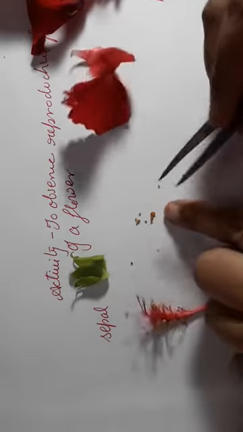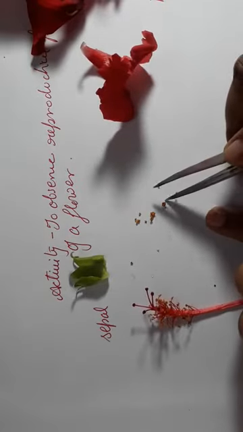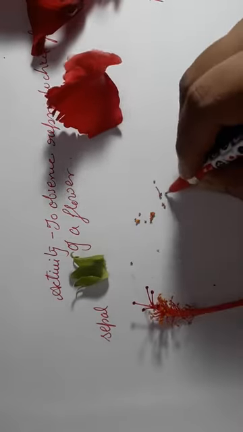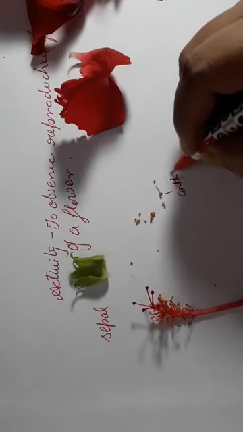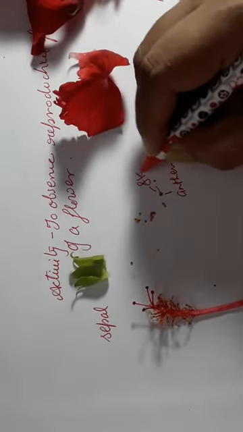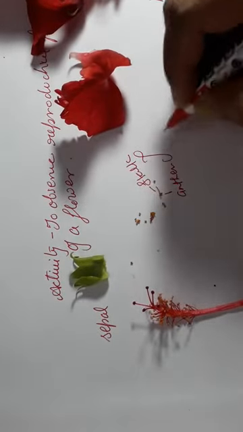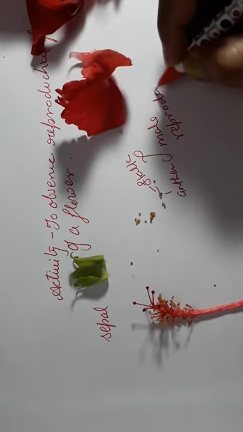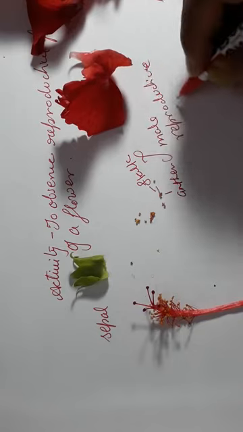If you focus properly, you will see that this yellow part is the anther and this one is its stalk. These both are the male reproductive parts, right?